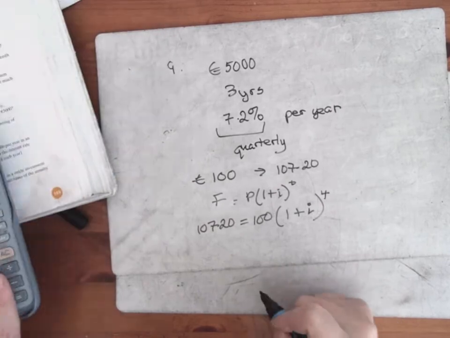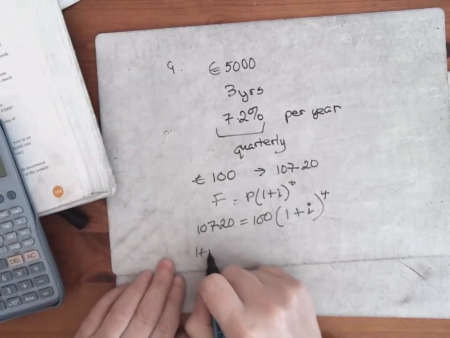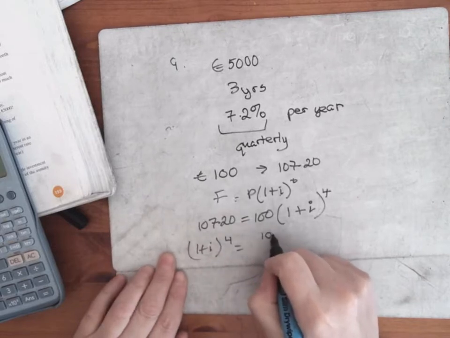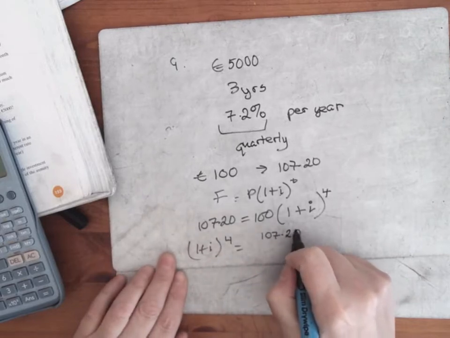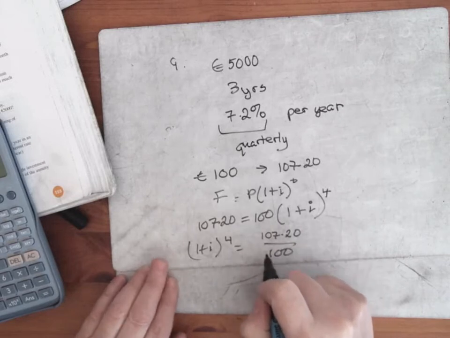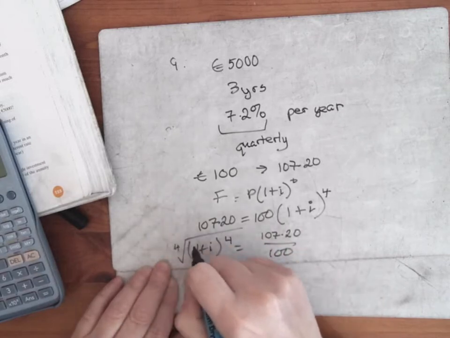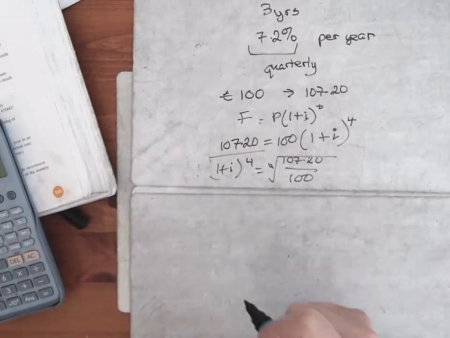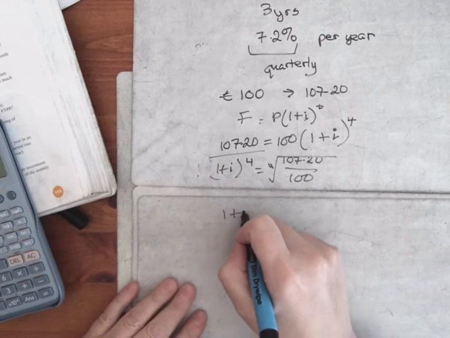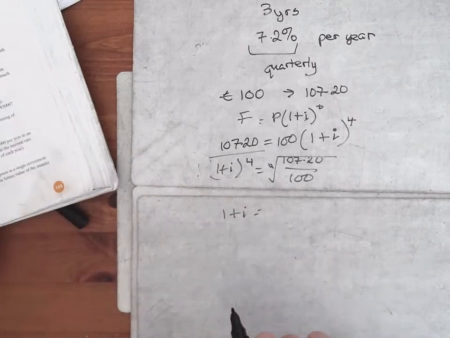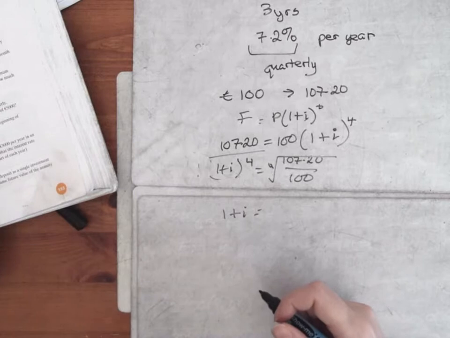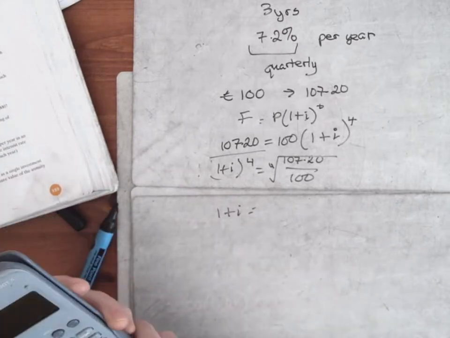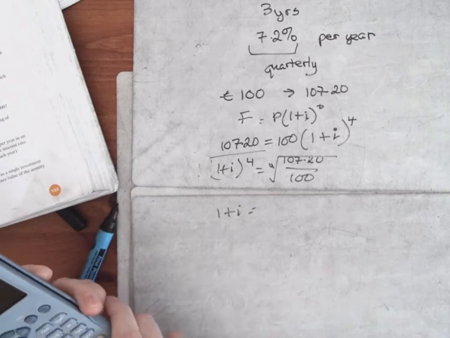Then 1 plus i to the power of 4 is equal to 107.20 divided by 100. Then get the 4th root of each side to get rid of the power of 4. So you'll end up with 1 plus i is equal to the 4th root of 1.072.